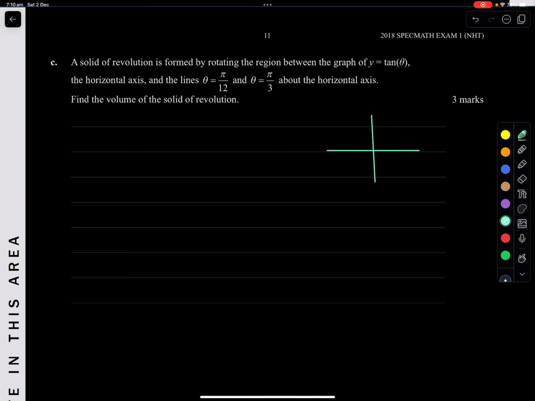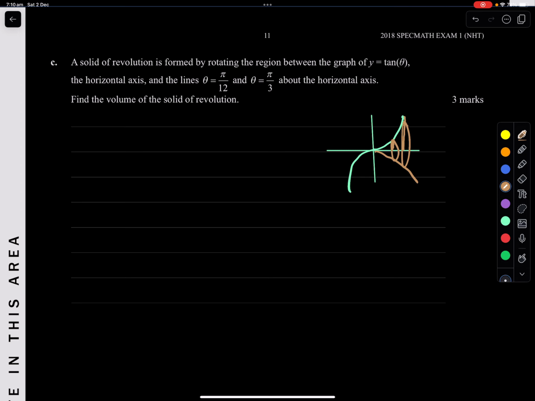Let's draw a tan. So tan looks like this. And the horizontal axis and the line pi over 12 and pi over 3. Let's say pi over 12 is here and pi over 3 is over here. And it's rotated along the horizontal axis, which is the x-axis. So we're rotating this like this. Find the volume.